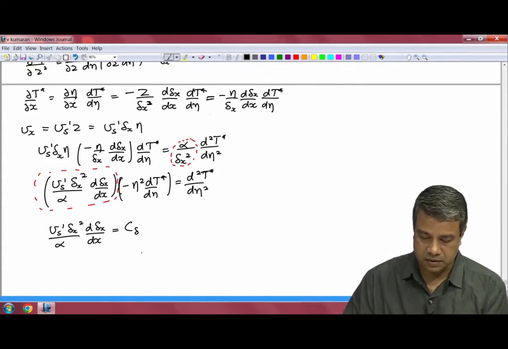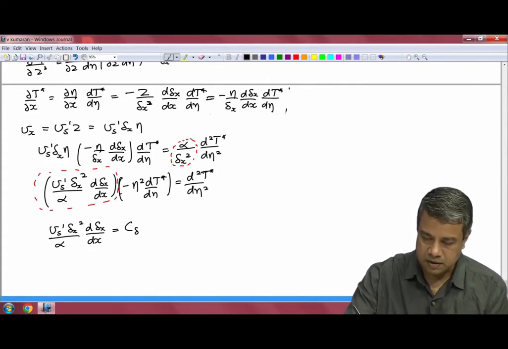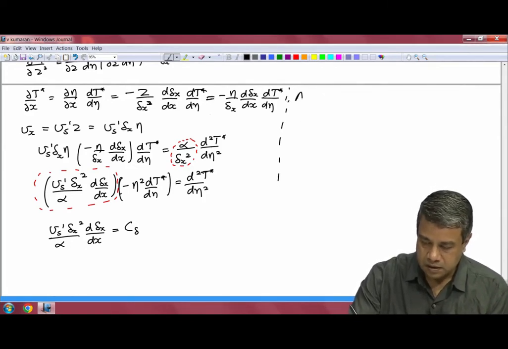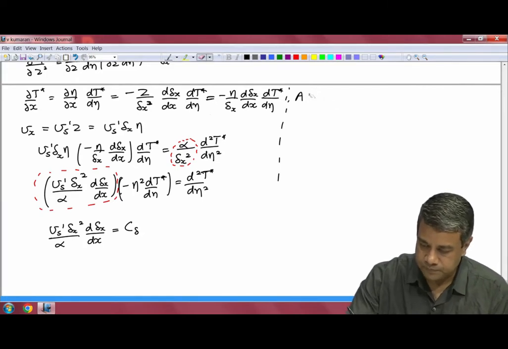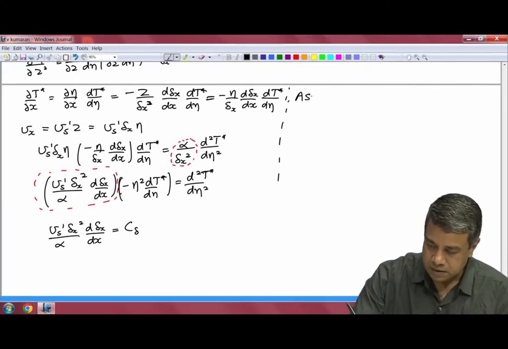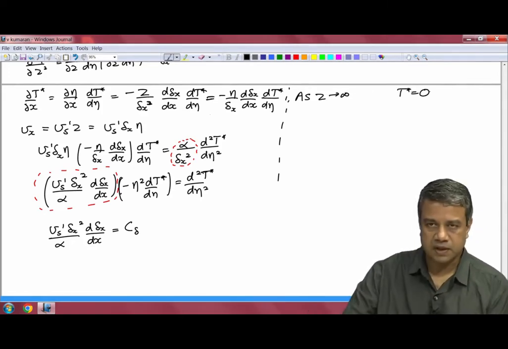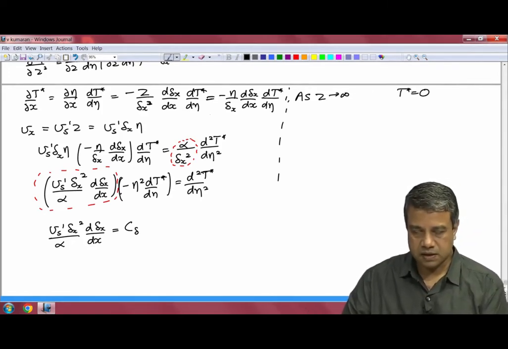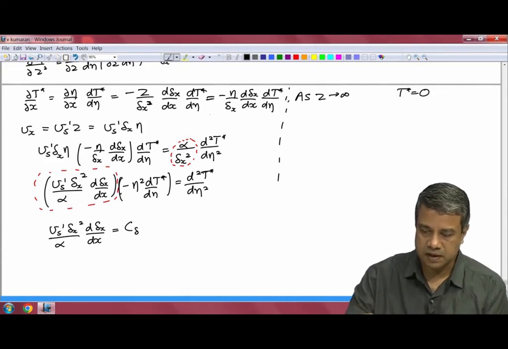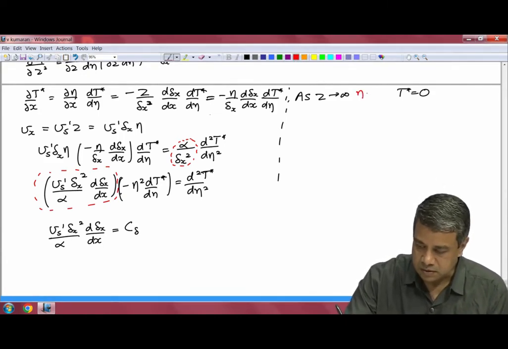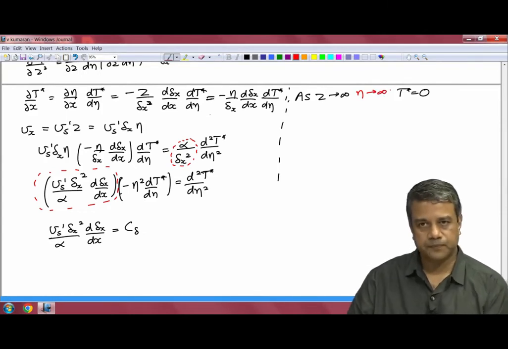So, this is the equation. What about the boundary conditions? As z goes to infinity, T star is equal to 0. Eta is z by delta x, so as z goes to infinity, this implies that eta goes to infinity.